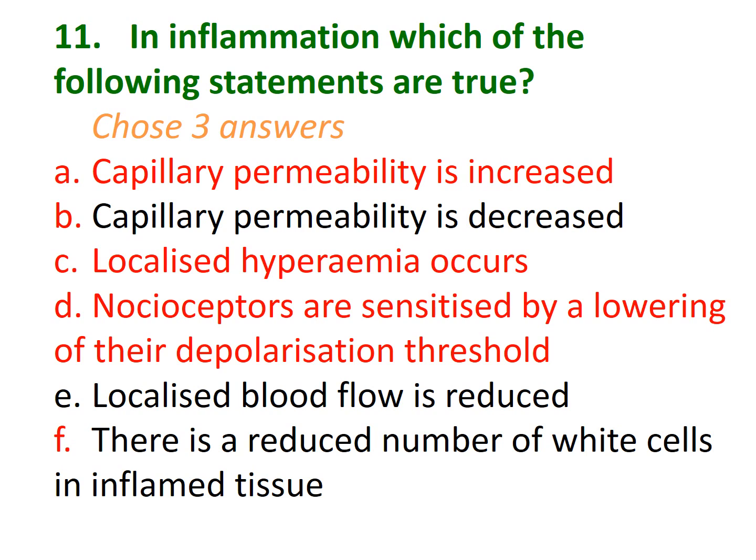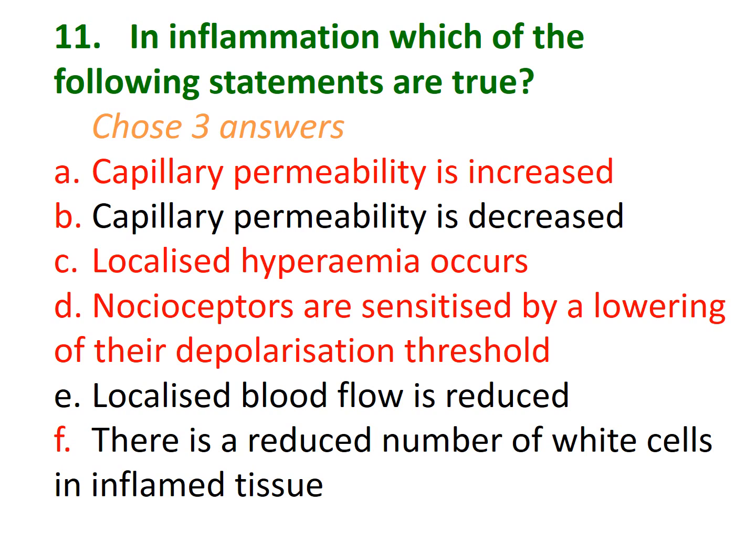Now, the inflammatory mediators will also cause localized vasodilation. The small blood vessels will get wider. And as the blood vessels are widened, then a larger volume of blood can flow through those vessels. That's good because, for example, it's bringing more oxygen to the tissues. And this is called a localized hyperaemia.